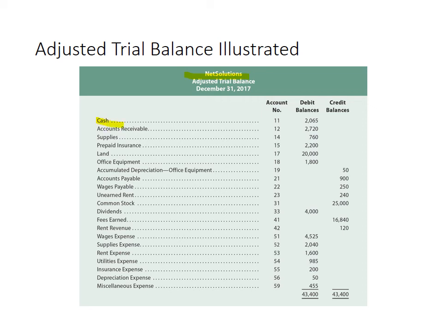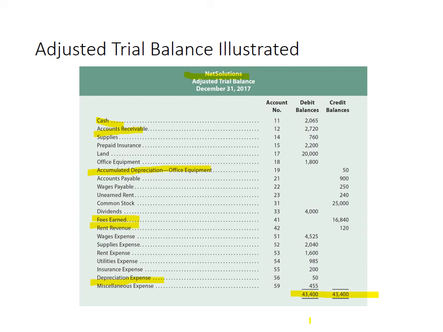All of the accounts, the debits and the credits, all equal $43,400. We have adjusted. We've got some new accounts that we've learned about. We've increased our revenue because we got some rent revenue and some receivables. We have depreciation expense recorded down here.